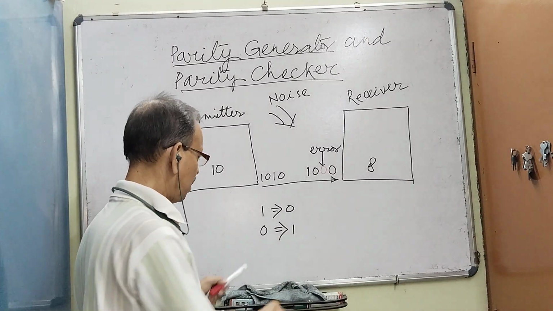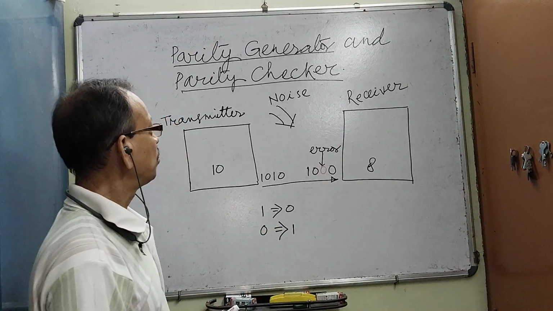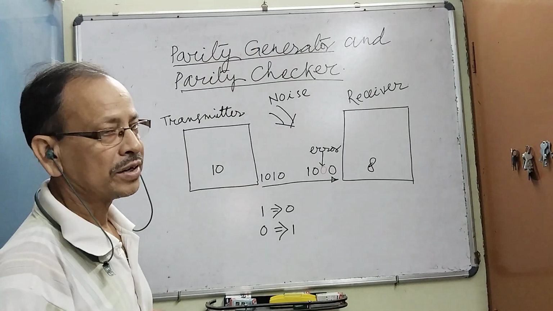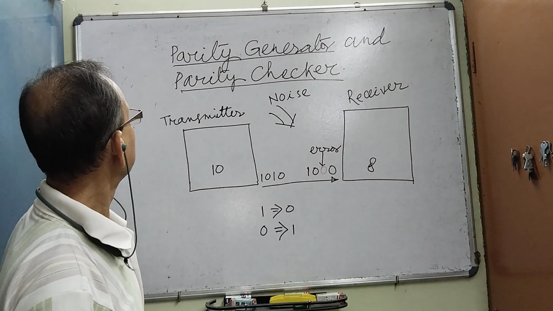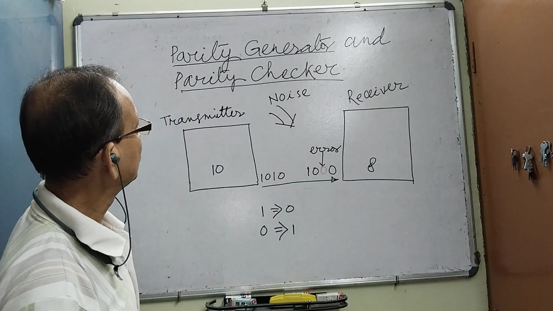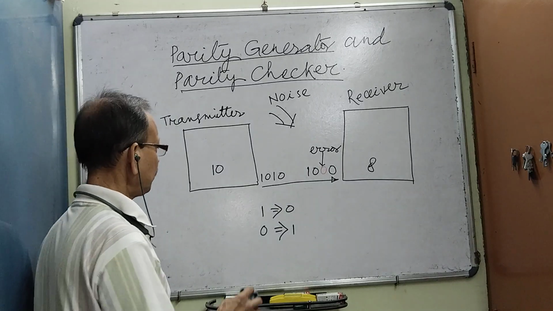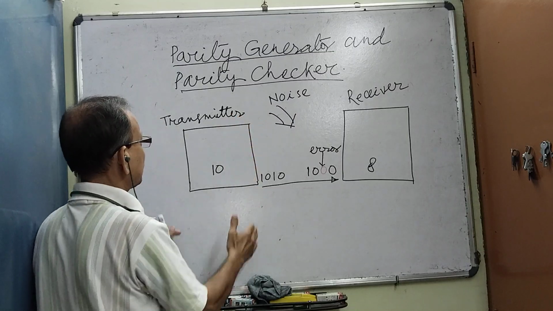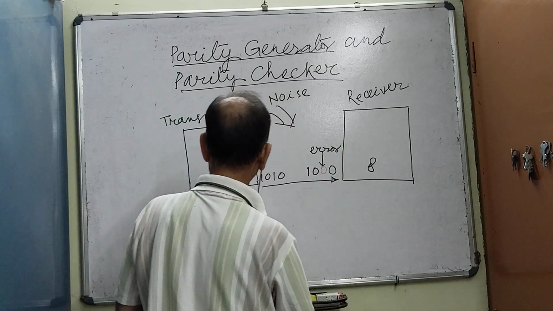So how to check this error? That is the parity generator and parity checker. So one is the transmission zone and that is the receiving zone.